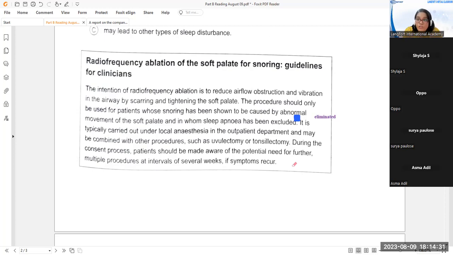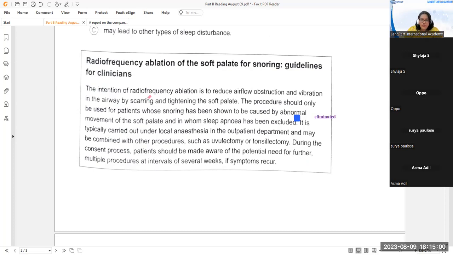Then they say that usually the procedure is carried out under local anesthesia in the outpatient department, and you can combine it with uvulectomy or tonsillectomy. And when you're taking the consent from the patient, you need to make the patient aware that there may be a possibility for further multiple procedures at certain intervals, after several weeks, if there is a recurrence of the symptoms.